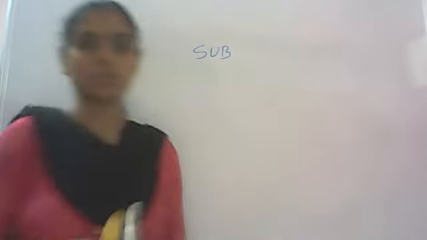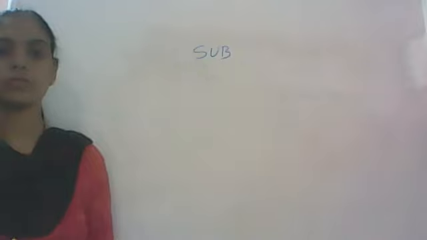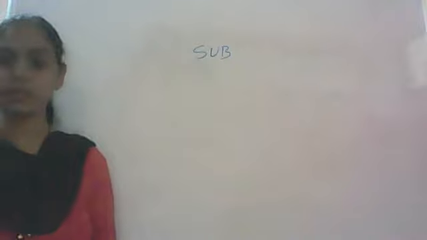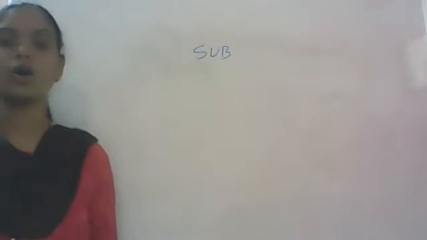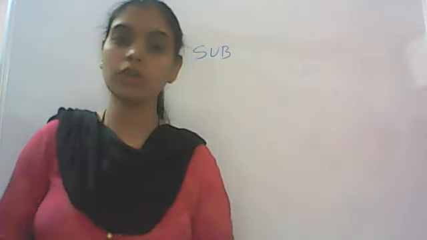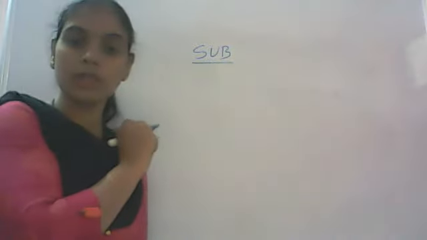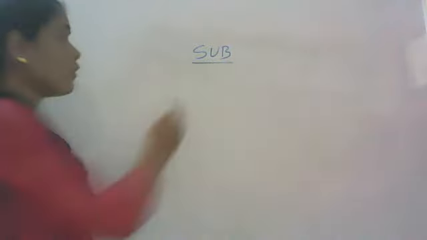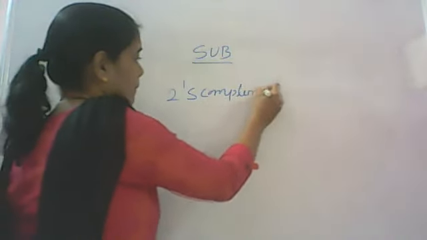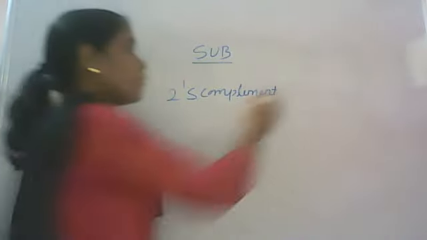Now see the next instruction, that is subtraction. In subtraction, any 8-bit number or content of register or content of memory location can be subtracted from content of accumulator. In subtraction, result is stored in accumulator. Subtraction is performed in 2's complement form.